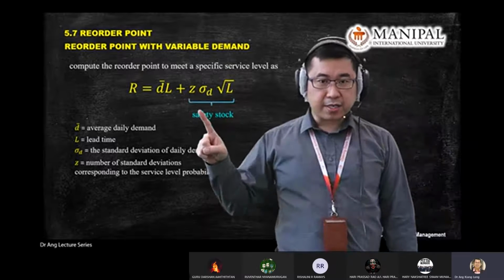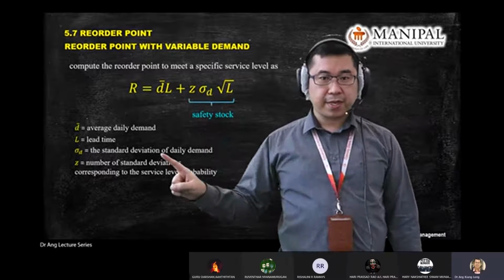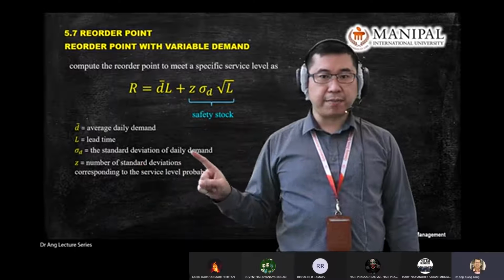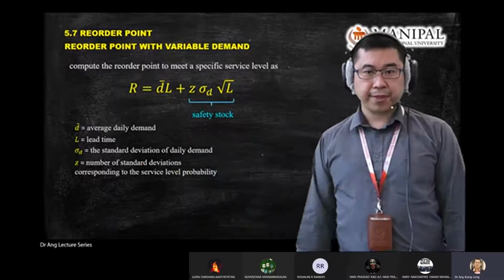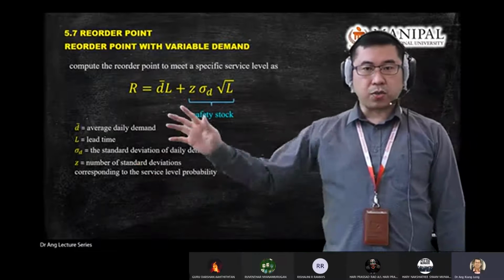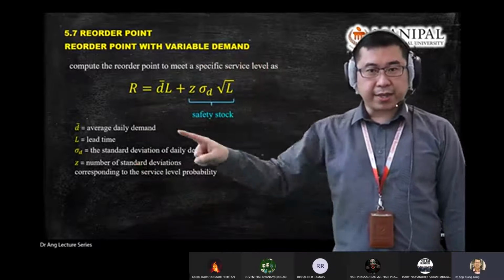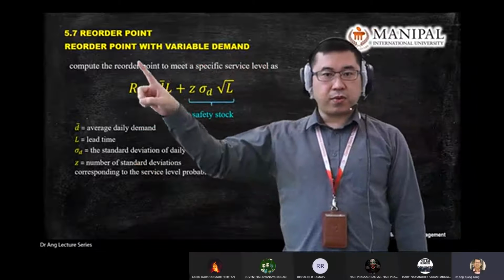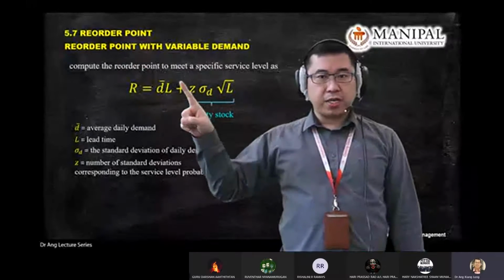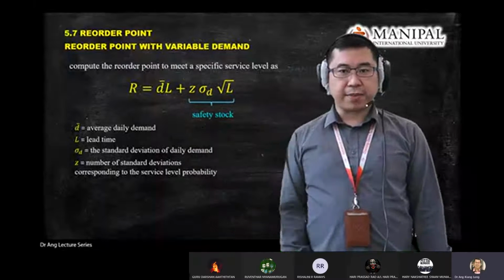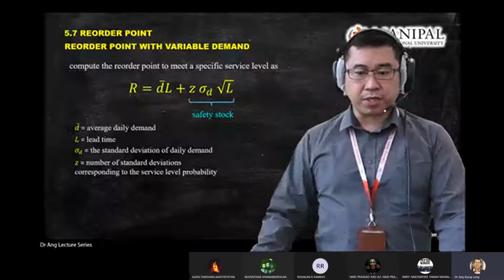And this one is the standard variation of daily demand. Square root of L is the lead time. So by looking at the equation, you know that when you need to use the reorder point of variable demand, you are using statistic method. You're using statistic approach.